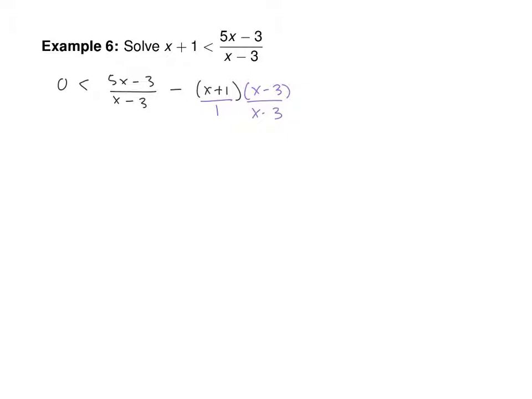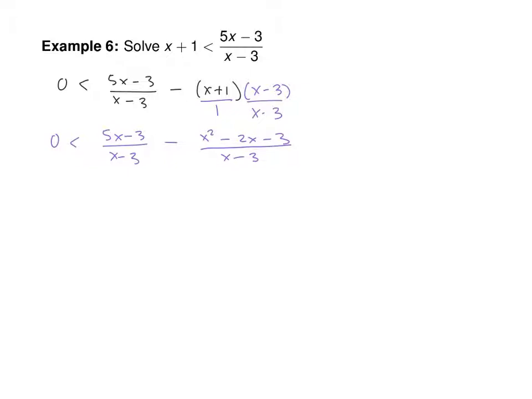So multiply them together, simplify, see if you can get it. Did you get x squared minus 2x minus 3?